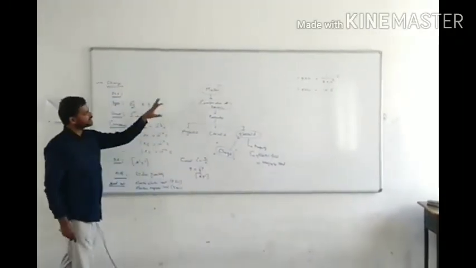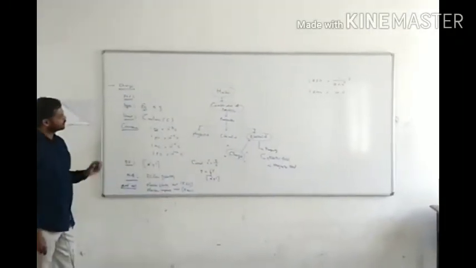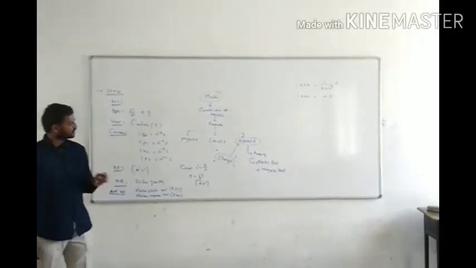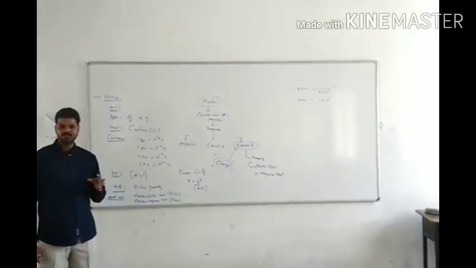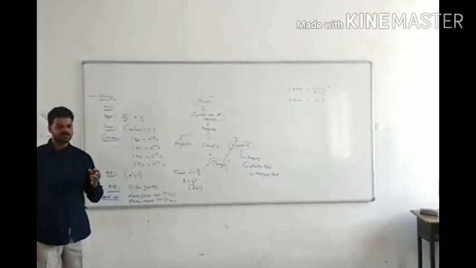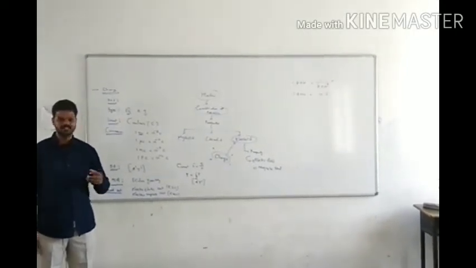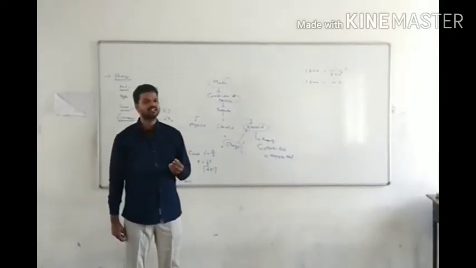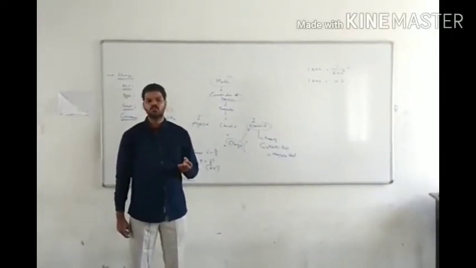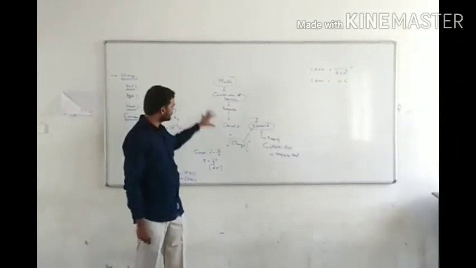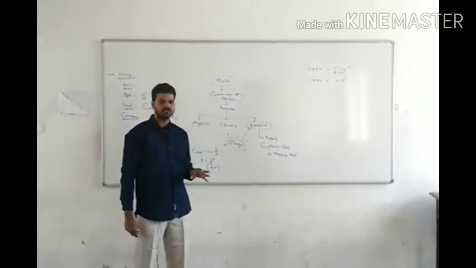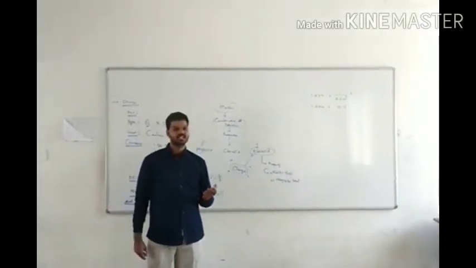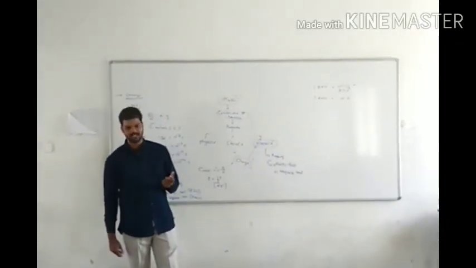So that is the introduction part to the charge. After the charge, what is the state of the charge? Charge may be at rest, charge may be in motion. So depending on its state and position, we classify this branch into two types: one is electrostatics, another one is electrodynamics.